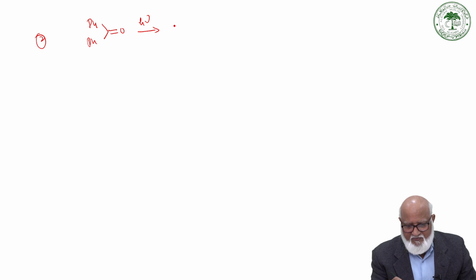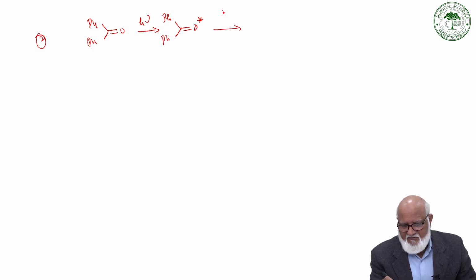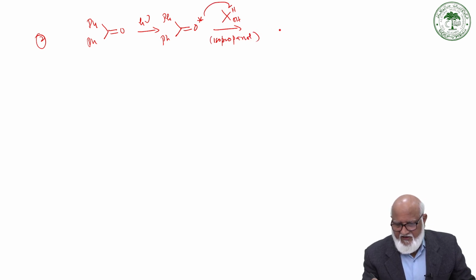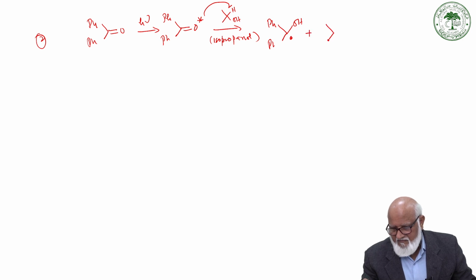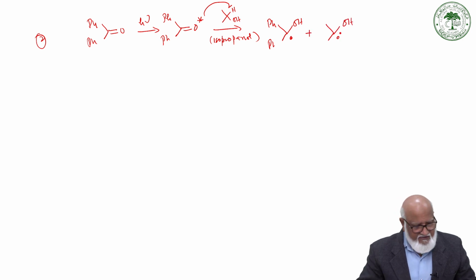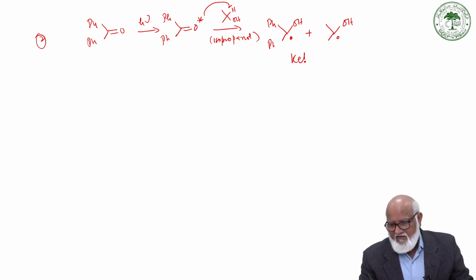So, as usual, this in the presence of light goes to an excited carbonyl, Ph. This excited carbonyl abstracts a hydrogen atom from isopropanol to give a ketyl, OH, Ph plus OH. This gives this ketyl radical pair.